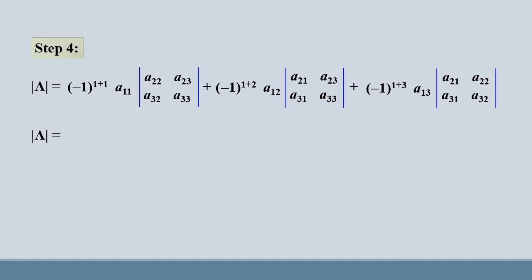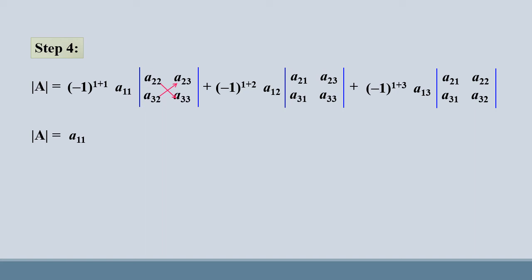Now on simplifying, in minus 1 raised to 1 plus 1 the power is an even number, so minus 1 raised to an even number will be positive. Similarly, in the second case, minus 1 raised to 1 plus 2, where 1 plus 2 is odd, the sign associated with A12 will be negative, and in the third case 1 plus 3 is 4, that is again even, so the sign associated with A13 will be positive.